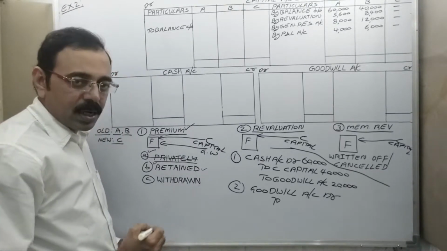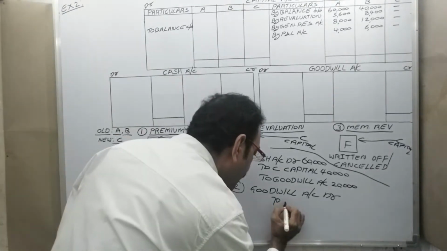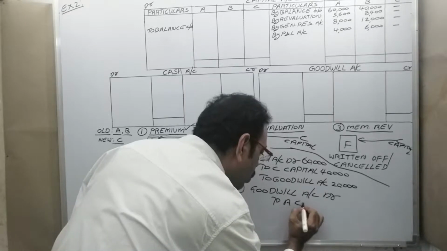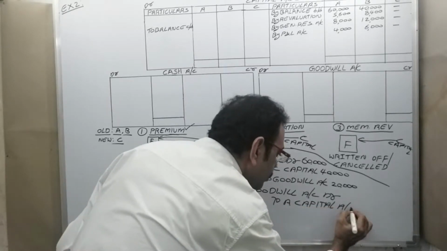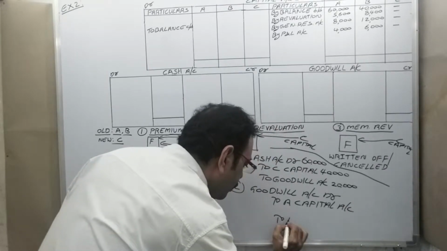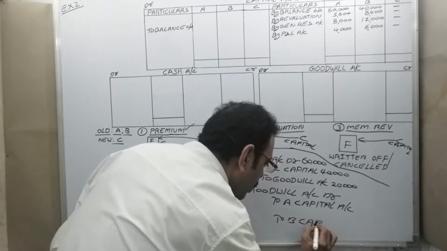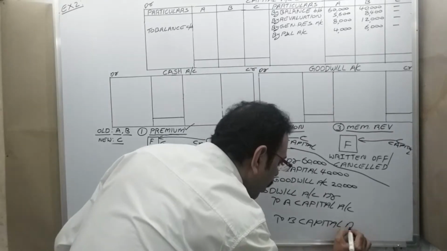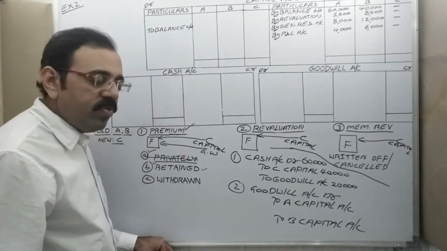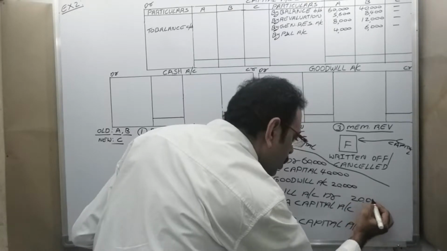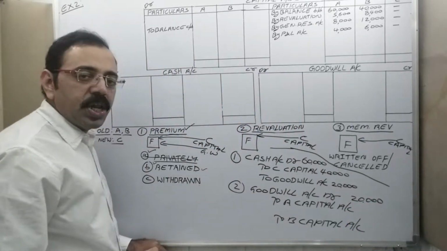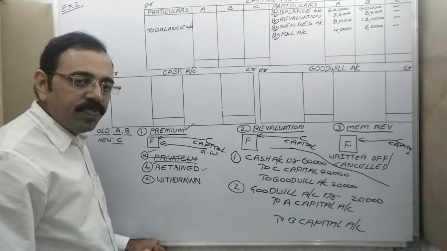To old partners. Therefore, on the credit side we should write to A capital account, to B capital account. How much is the goodwill? 20,000. In sacrificing ratio, we should transfer now.